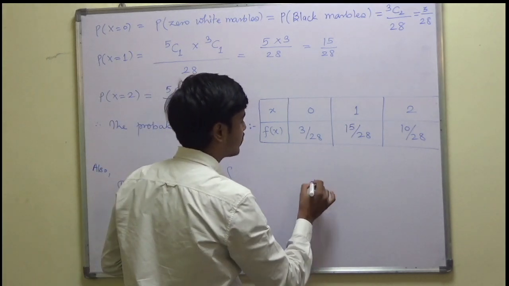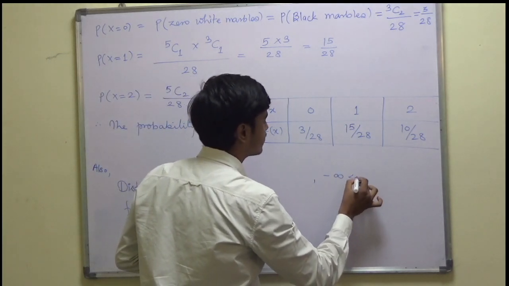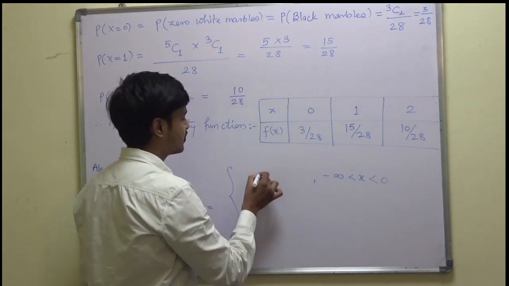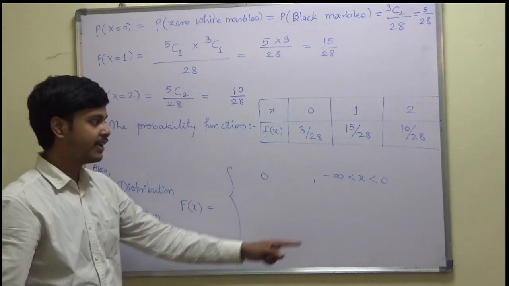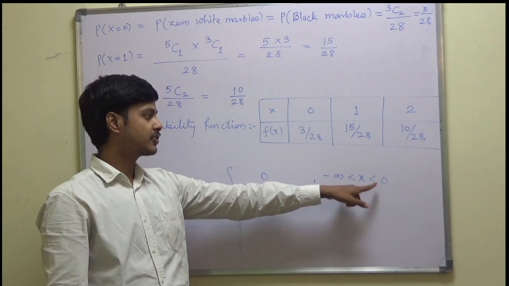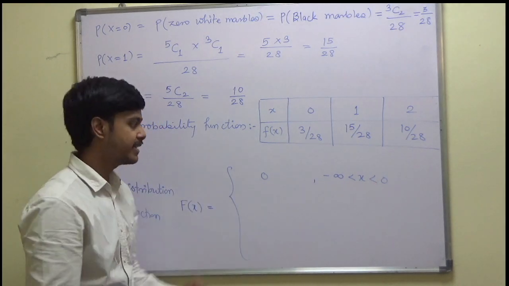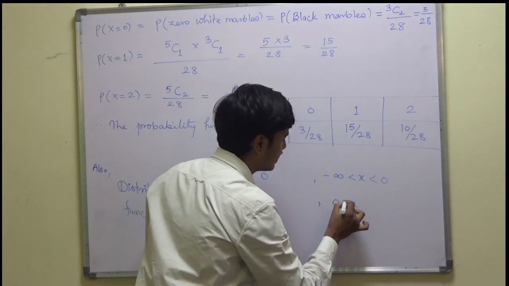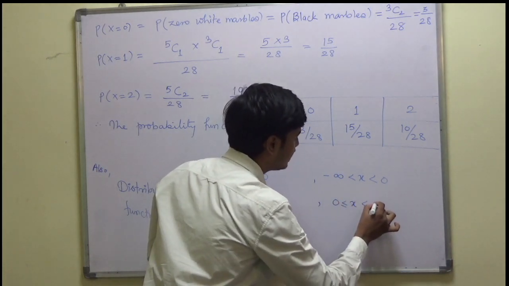As I said, you have to start with 0. We don't have any probability for x less than 0, greater than minus infinity, so it is 0. Next is x greater than or equal to 0 but less than 1.